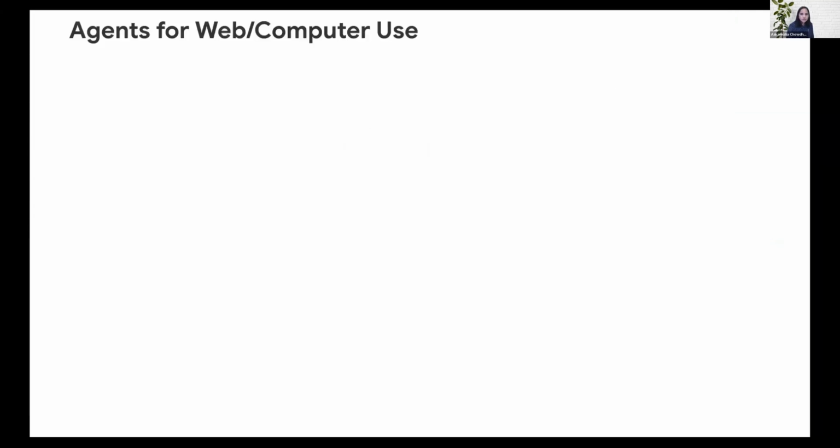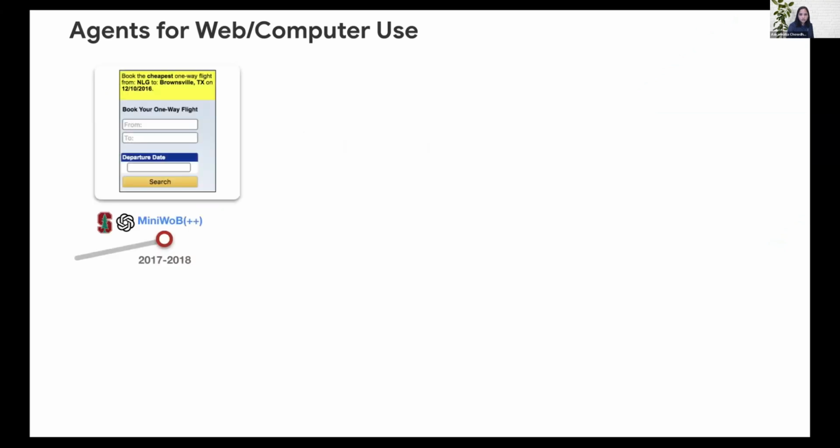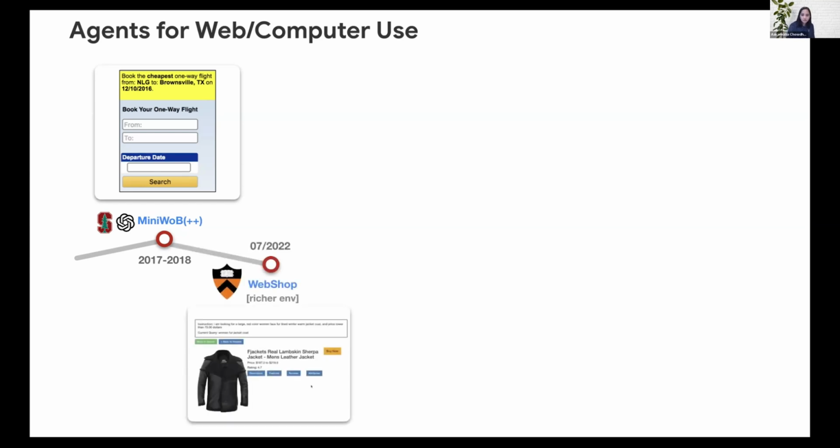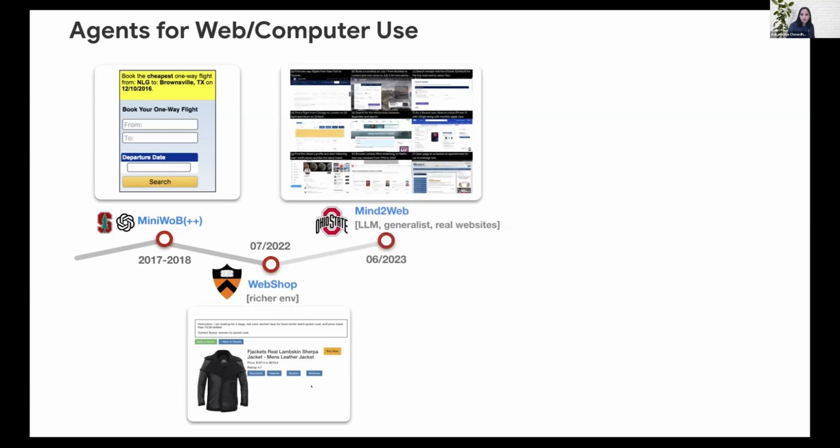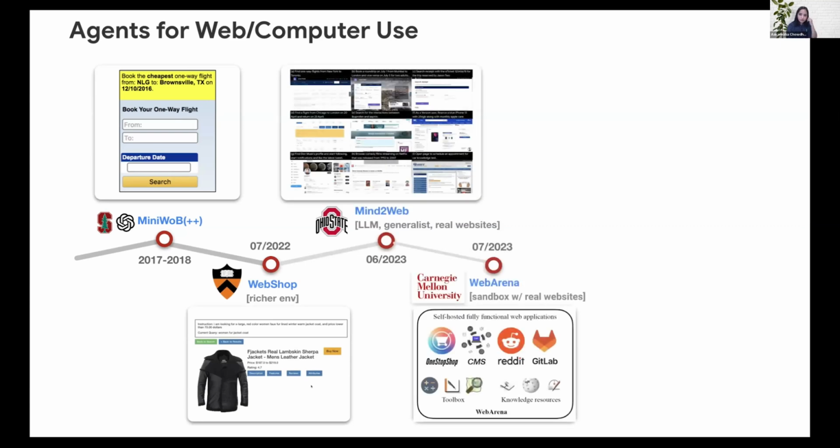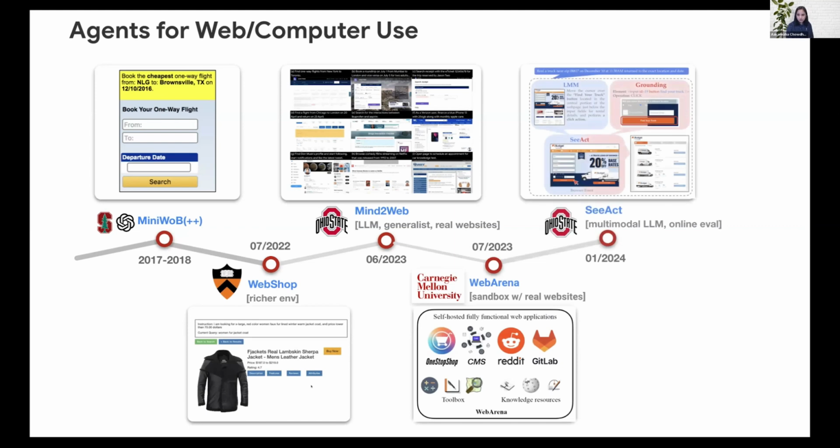So if you look at agents for web and computer use, this is not a new area. There have been several benchmarks over the time. Recently it was presented that first there was MiniWob, then there was WebShop, Mind2Web, another benchmark, and then Web Arena. More recently, there was another benchmark, C-Act.